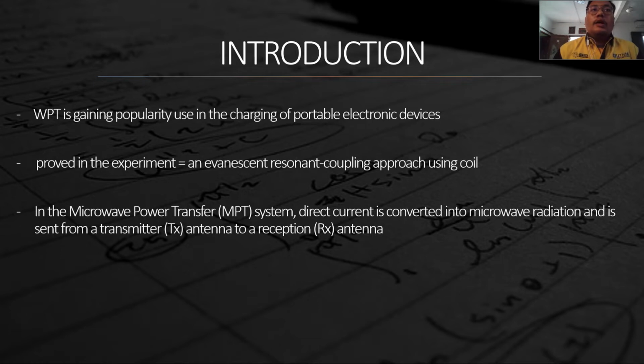But in this era, wireless power transfer has improved by using the microwave power transfer (MPT) system, in which the direct current is converted into microwave radiation and sent from the transmitter antenna to the reception antenna.